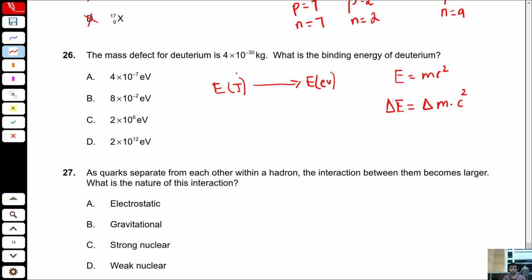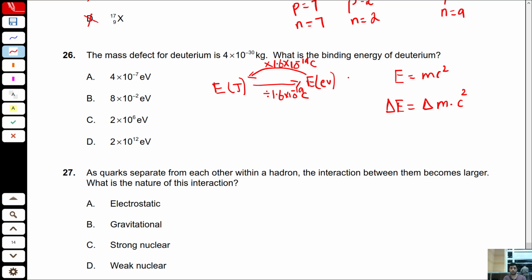To go from joules to electron volts, you need to divide by the charge of the electron, which is 1.6 times 10 to the power negative 19 coulomb. And vice versa: if you want to go back, you need to multiply by the charge of the electron. This is called the elementary charge. It's also given in the data.